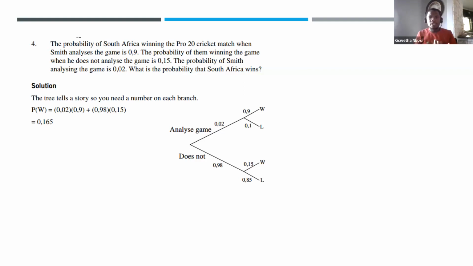The probability of Smith analyzing the game is 0.2. What is the probability that South Africa wins?